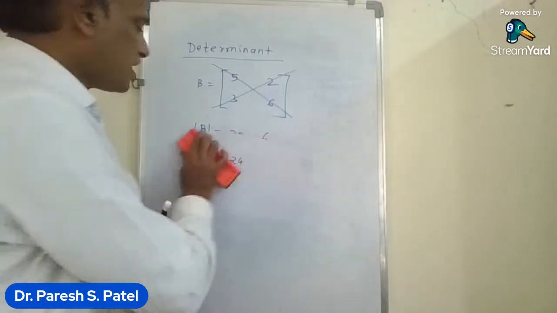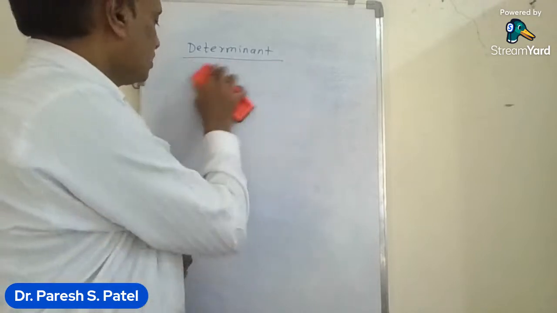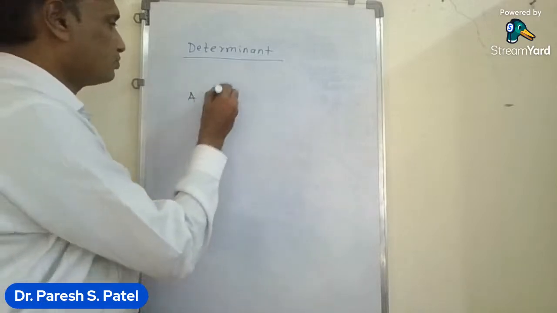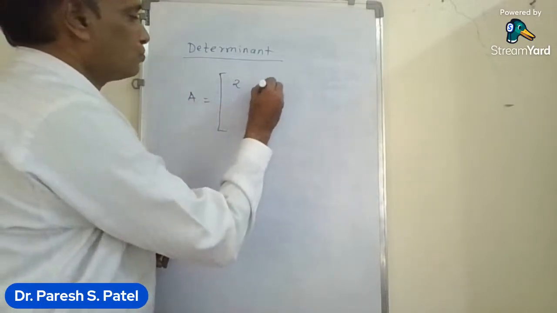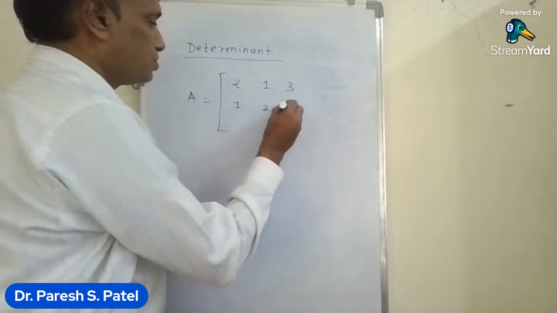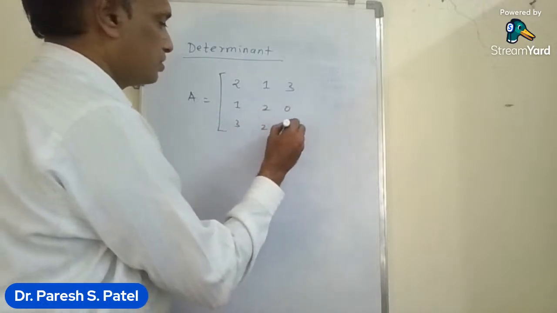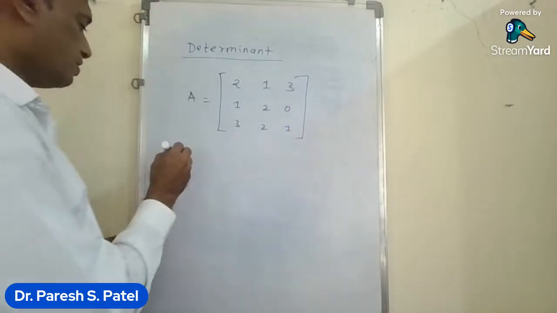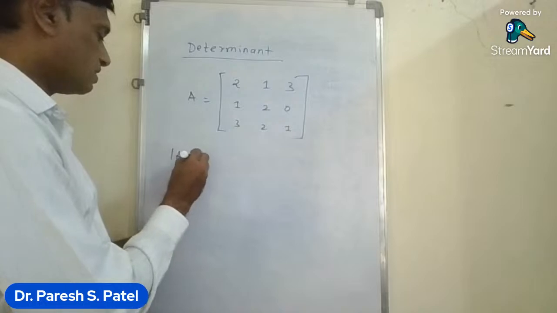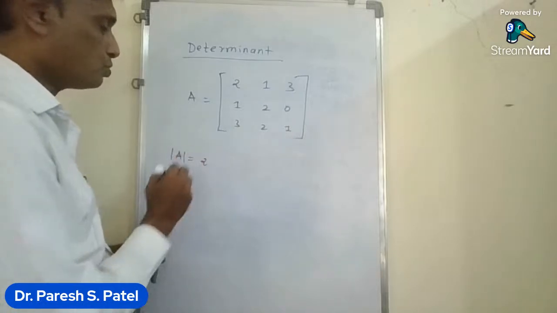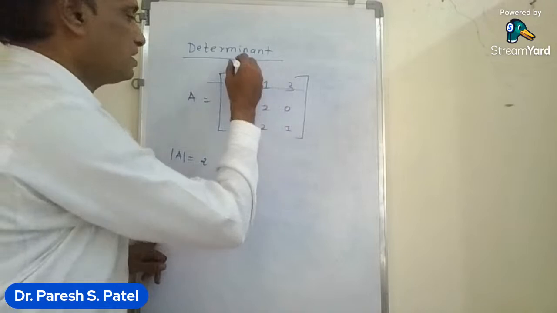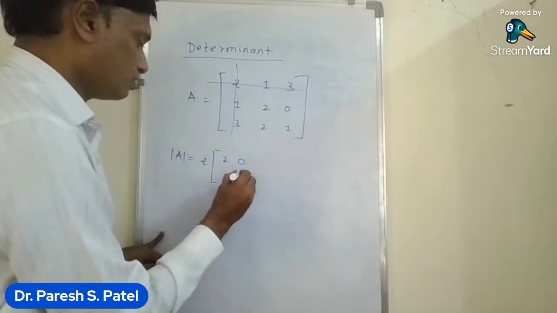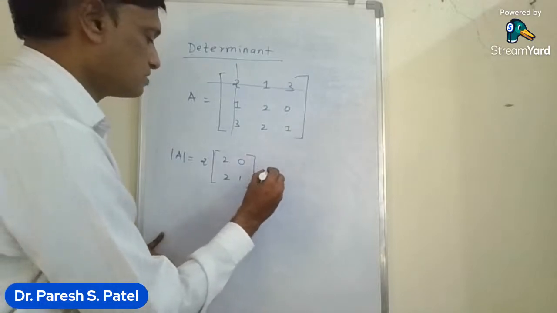Now, in case of the three-dimensional matrix, how to find out the determinant of this matrix? As for example, A is equal to 2 1 3, 1 2 0, 3 2 1. This is a three-dimensional matrix. Now, the determinant of this matrix is equal to 2 and the remaining elements 2 0, 2 1, minus 1.